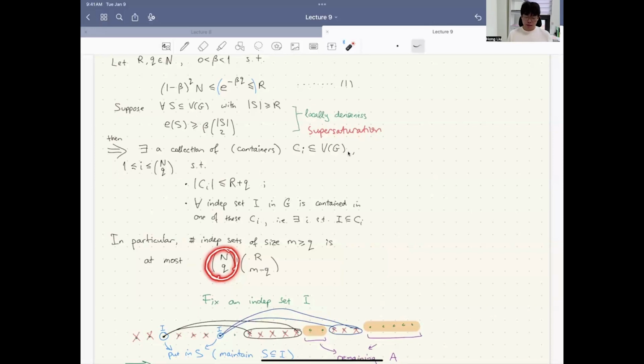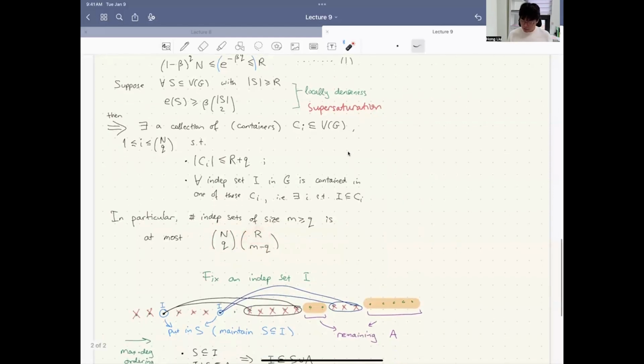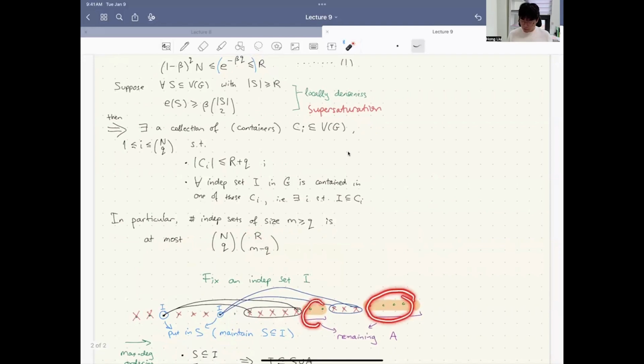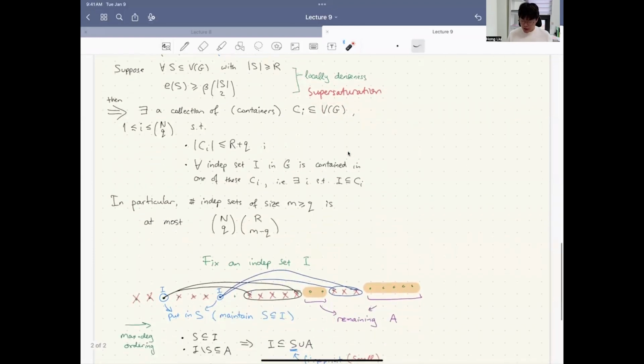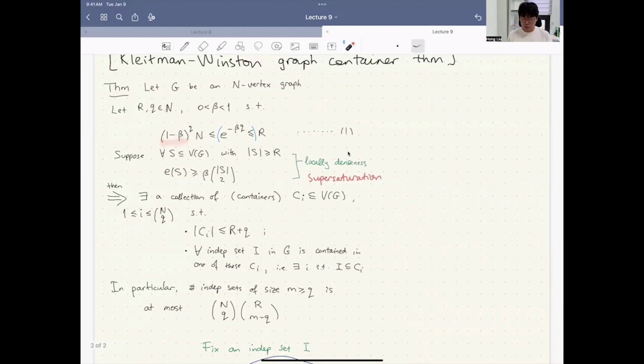And then after choosing Q, we know that there are M minus Q vertices left in the independent set I, which lie in this remaining set of size R. And if you recall the proof, this locally denseness is used so that whenever the remaining set is bigger than R, we know that it's locally dense, meaning that the next vertex that we pick out has high degree and will kick out at least this beta proportion of the remaining set. So every time we shrink by a factor of 1 minus beta.